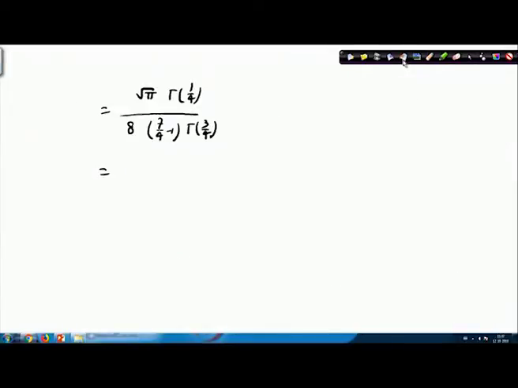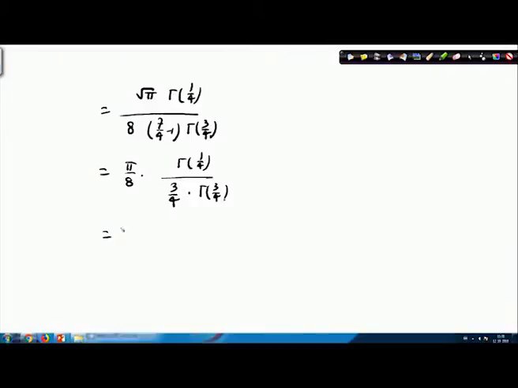So, this one. Now, this is square root of pi by 8, this one will be gamma 1 by 4, and this will be 7 by 4. So, we will obtain basically 3 by 4, and this will reduce to gamma 3 by 4.